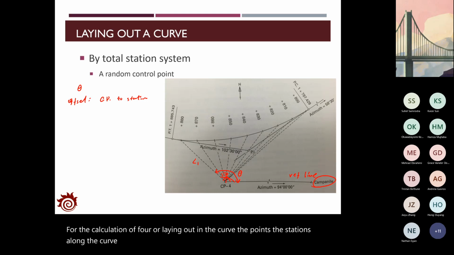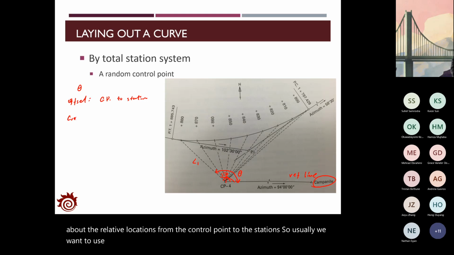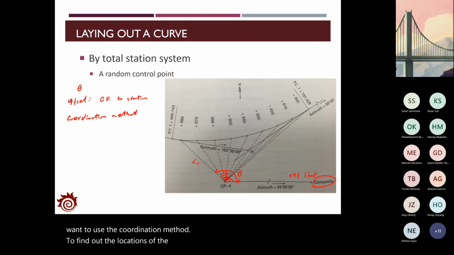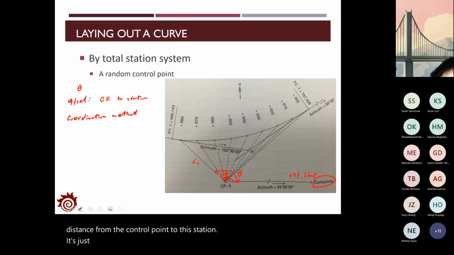So this one will involve some more calculations, especially about the relative locations from the control point to the stations. So usually we're going to use the coordinate method to find out the locations of the station and their relative directions and the distance from the control point to the station. It's just an alternative method that you can apply.